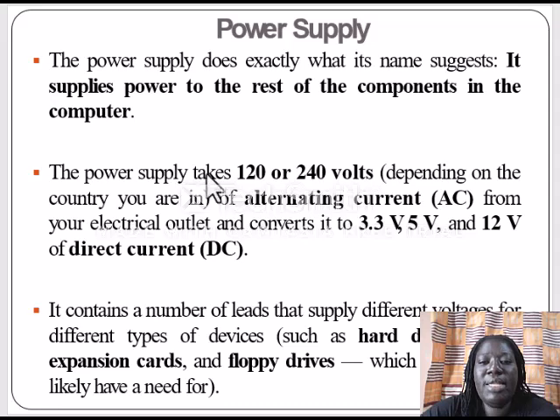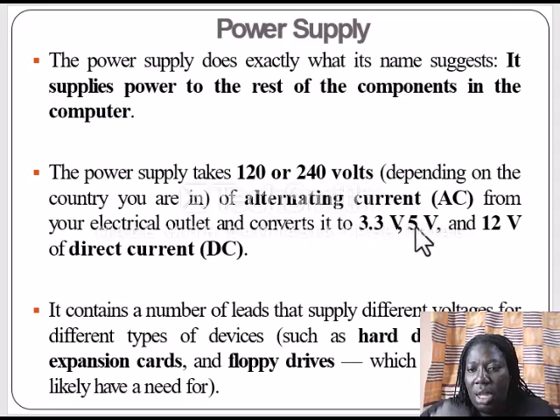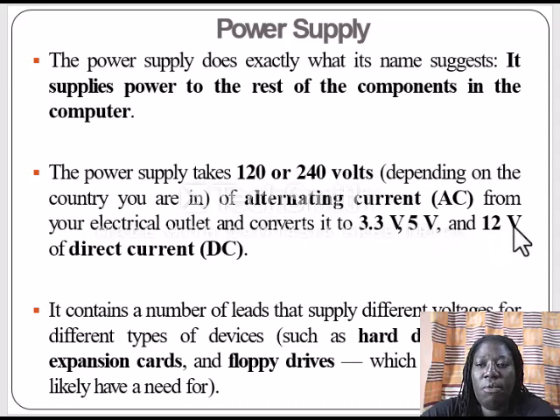The power supply takes 120 to 240 volts depending on the country in which you are. It takes the alternating current, that's the AC from your electrical outlet, and converts it to 3.3 volts, 5 volts and 12 volts of direct current.